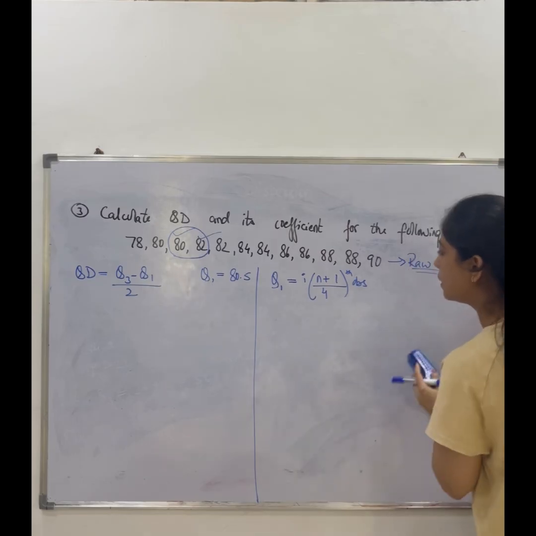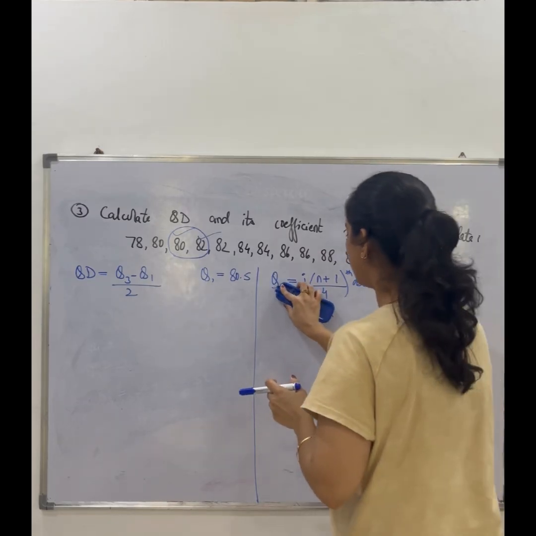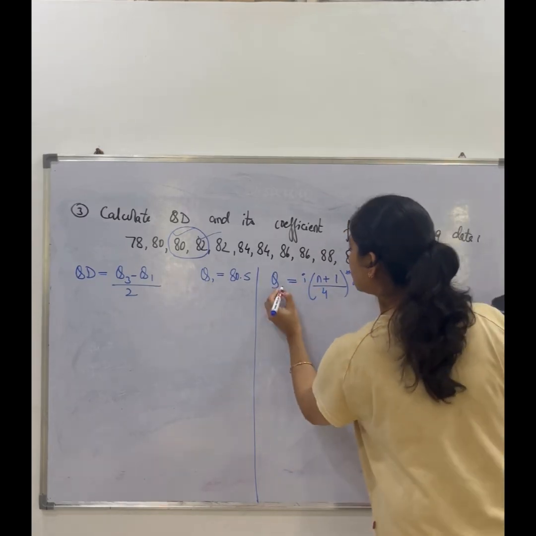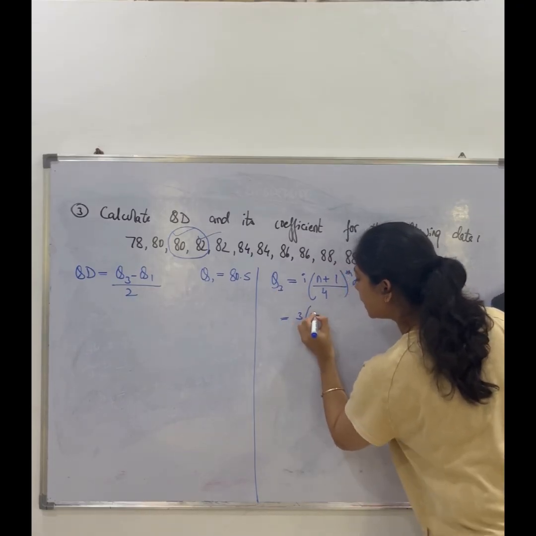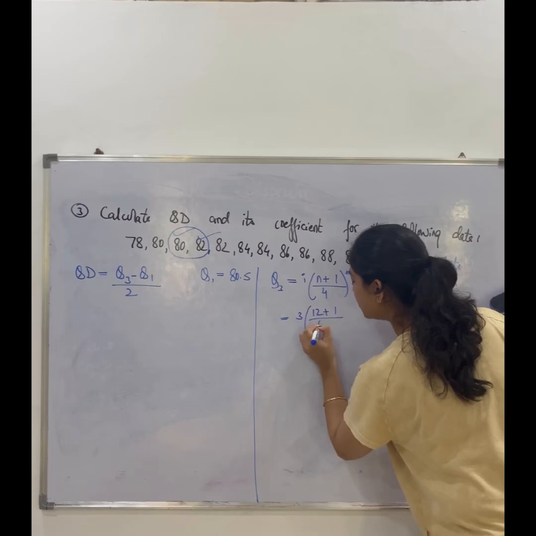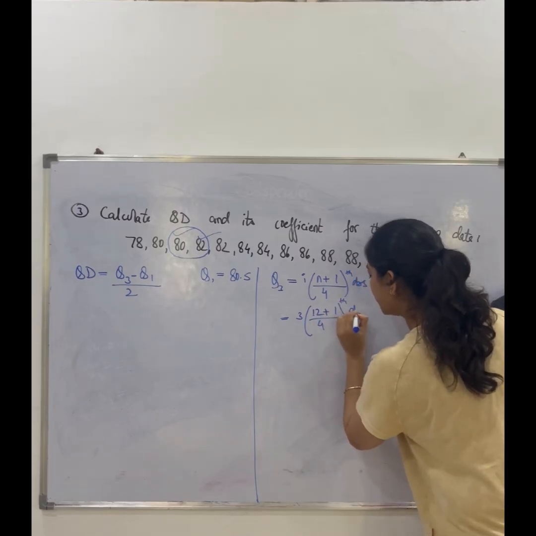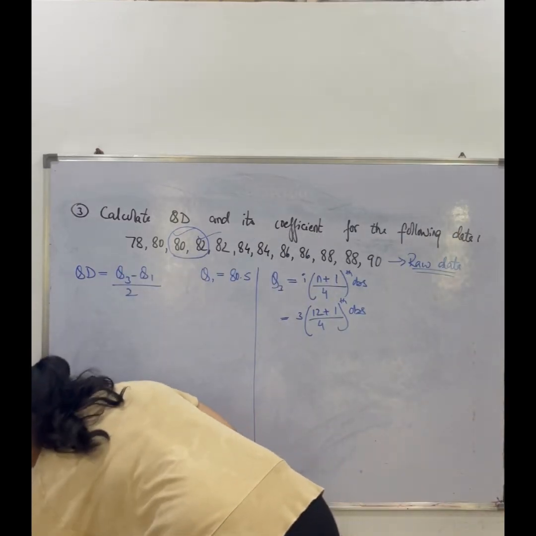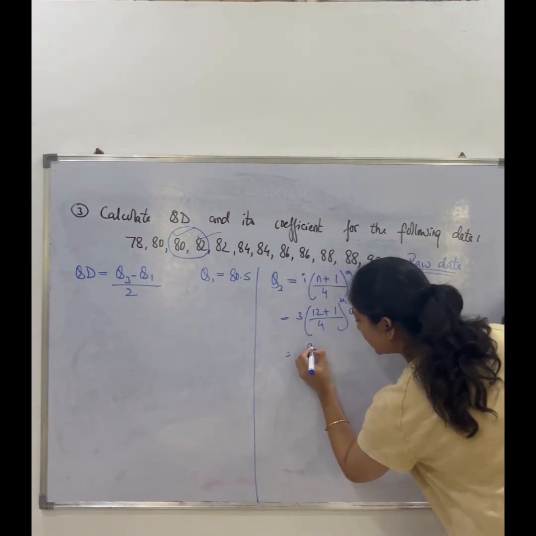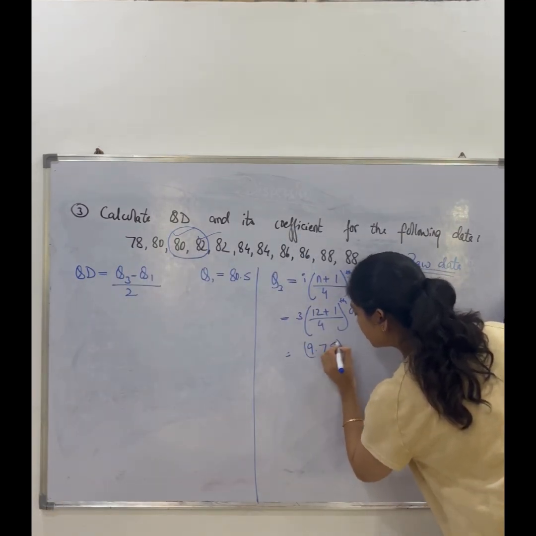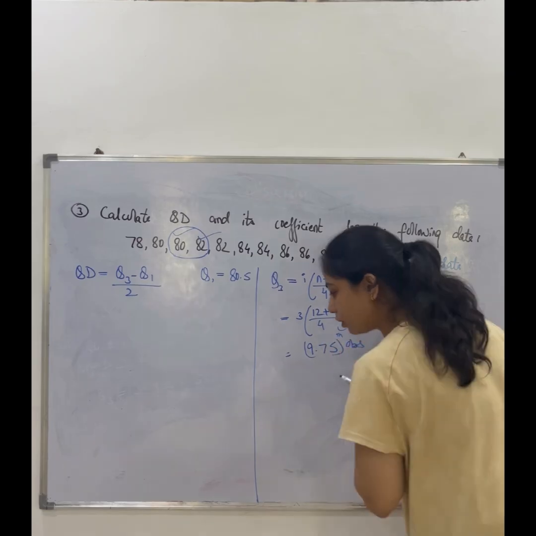So here, for finding out your Q3, what are we going to do? We will be multiplying this with 3, 12 plus 1 by 4 observation. So the answer for this will be 9.75th observation.